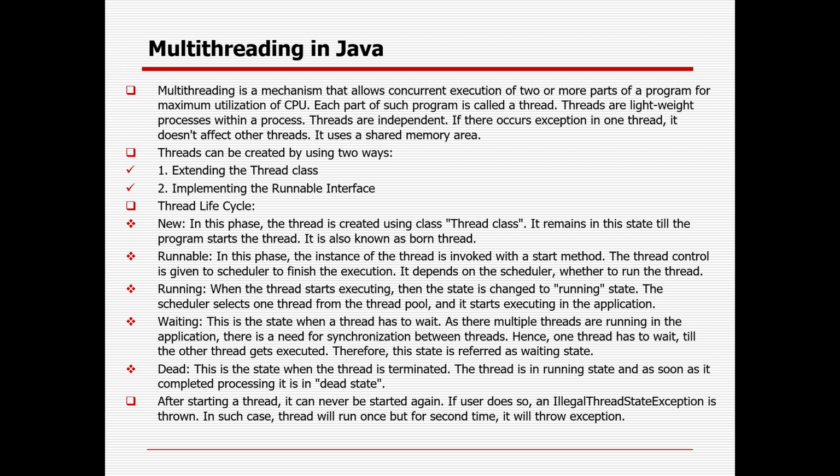As multiple threads are running in the application, there is a need for synchronization between threads. Hence, one thread has to wait till the other thread gets executed. Therefore, this state is referred to as the waiting state. And then dead. This is the state when the thread is terminated after completing its work. The thread is in the running state, and as soon as it completes processing, it is in the dead state.